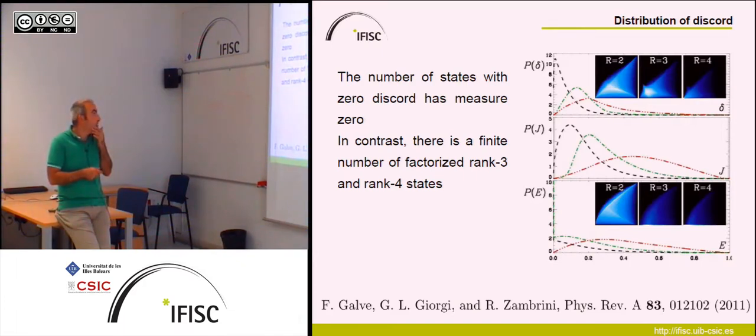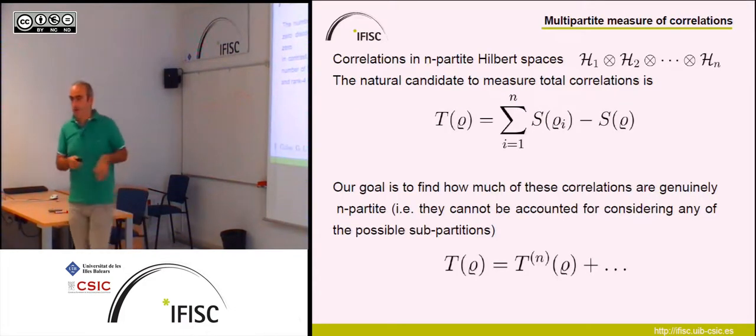And while states with 0 discord or 0 classical correlation have measure 0, so it's practically impossible to find them from a random generation, there is a high number of states which have 0 entanglement, which are factorized. These 2 points just remark the difference between the 2 indicators.